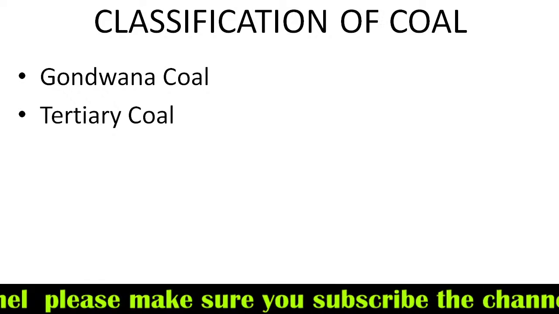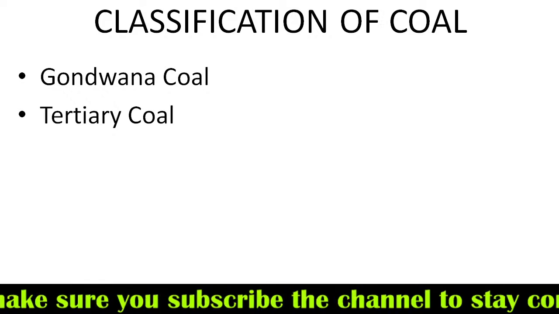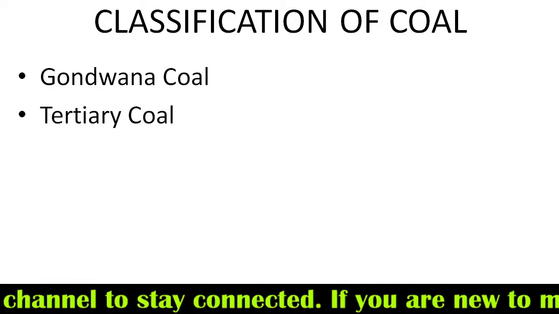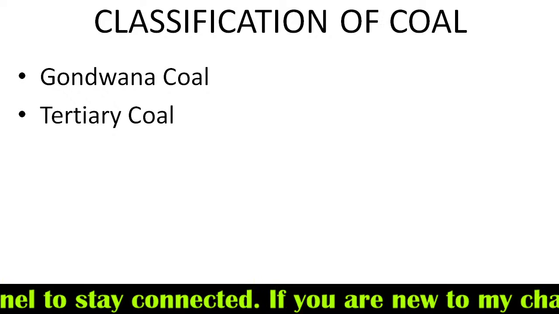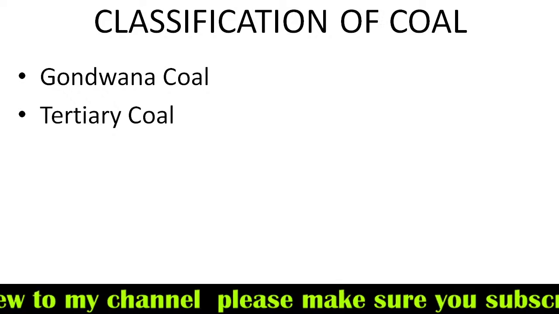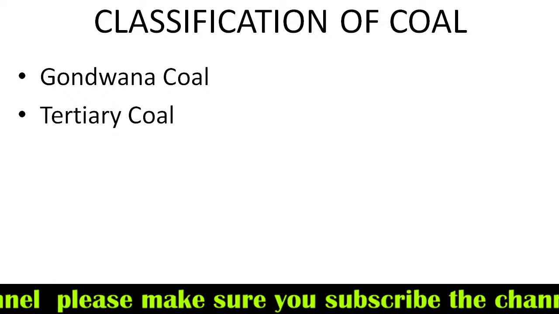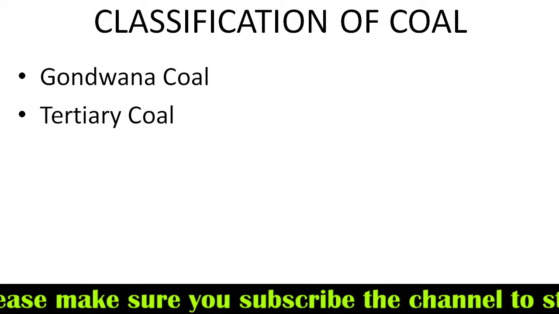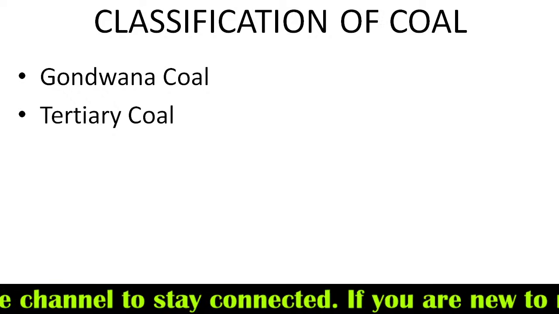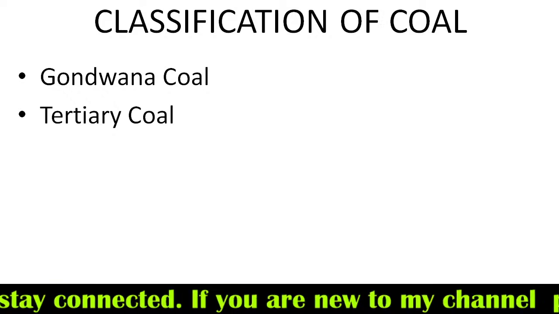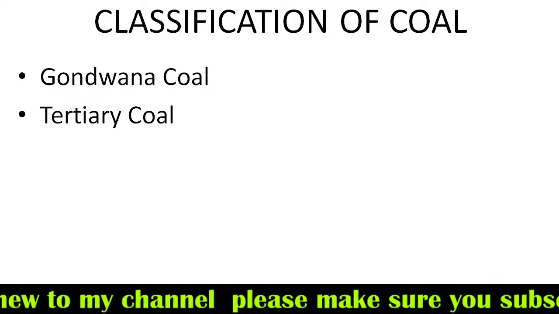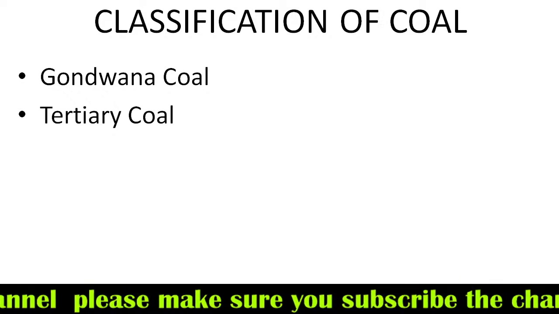About 98% of Indian coal field reserves are found in the Gondwana region, more than 74 basins, mostly in peninsular India. And you have to remember that most of our coal fields are in the river valleys. That is really an interesting point to be remembered.